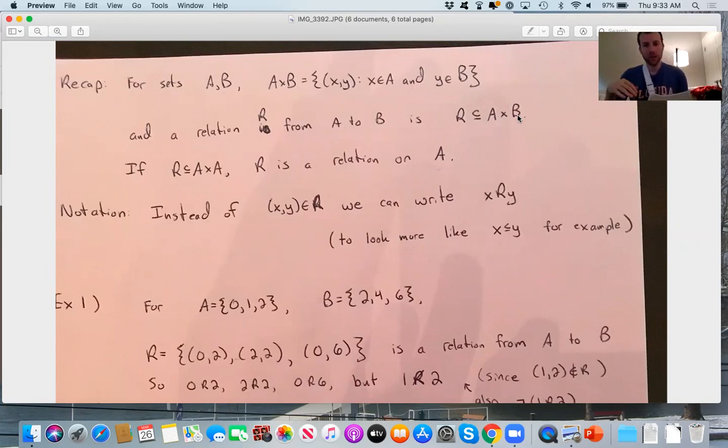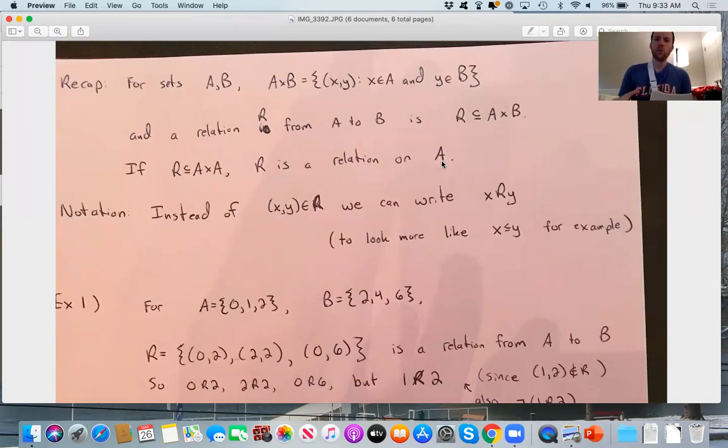As some extra terminology and notation, if R is a relation from A to A, then we'll just say that R is a relation on A. So it's not relating things from A to B, but relating things in A to other things in A. We'll say it's a relation on that set A, where all of the things being related are coming from.